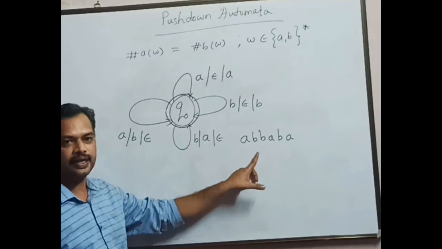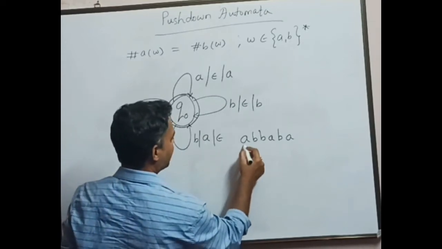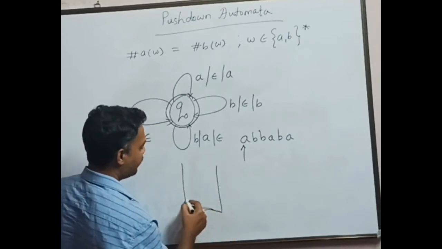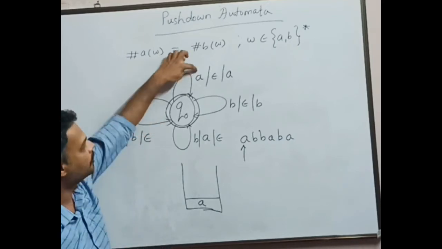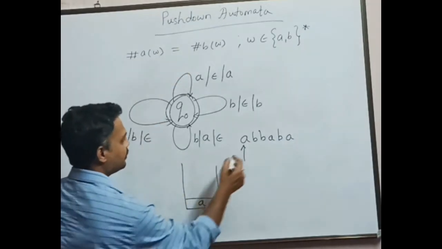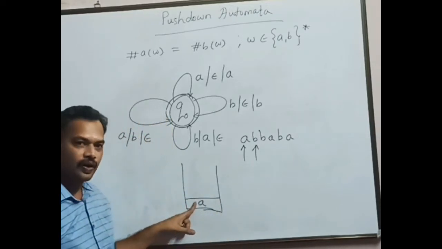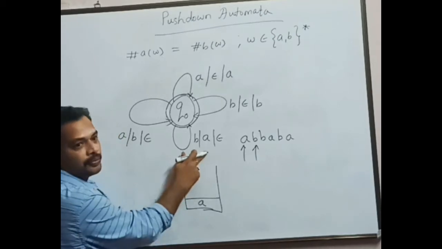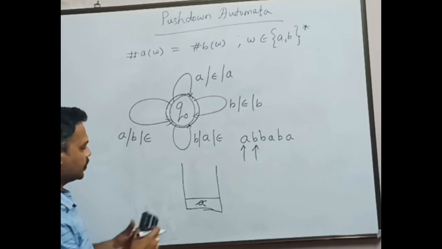Actually the PDA should say that the string is accepted. First, when it comes across the first A, it pushes that A onto the stack. Next, when it comes across B, since A is present on the top of the stack, this operation will be performed. So the PDA goes for popping A.